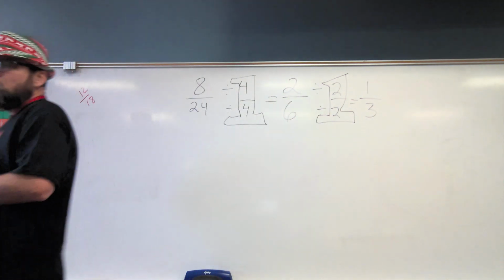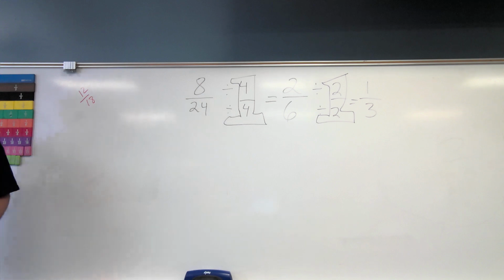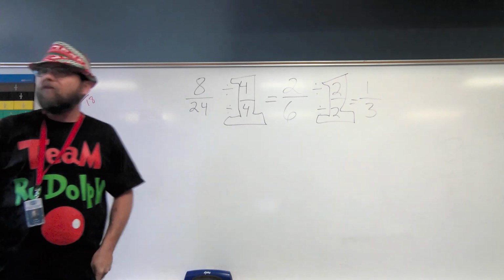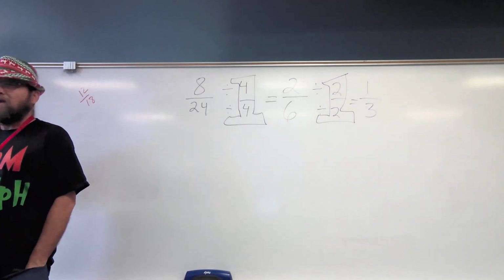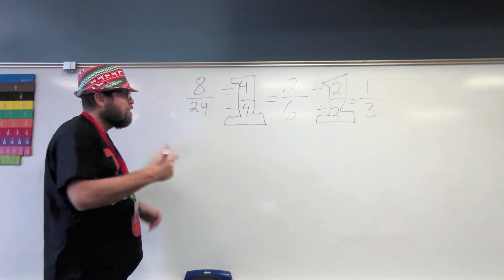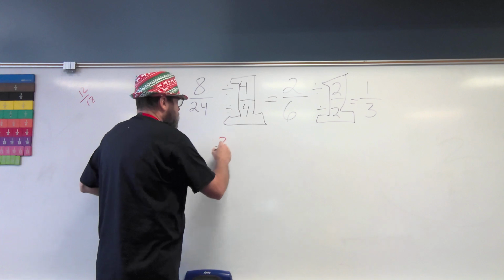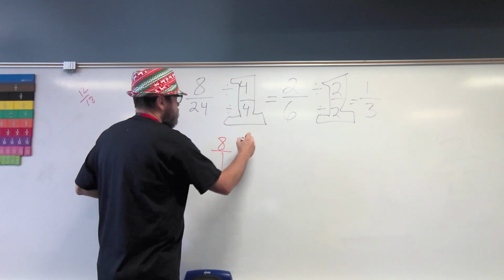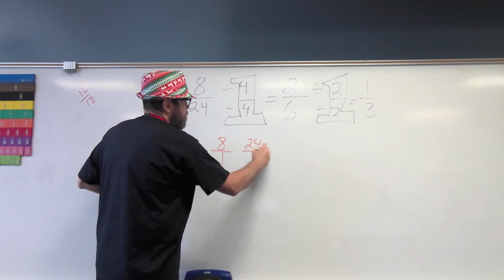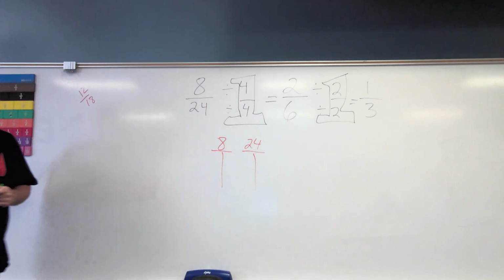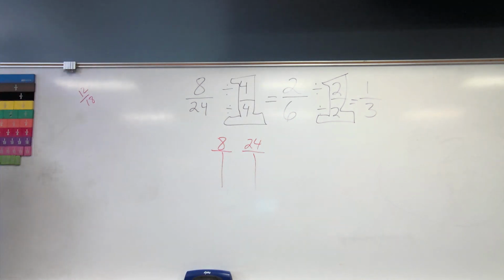However, what if we get to a point in our lives and a problem in our life that we're not sure what we can divide by or if we can divide by anything at all? The work you could show for simplifying fractions is just listing the factors.